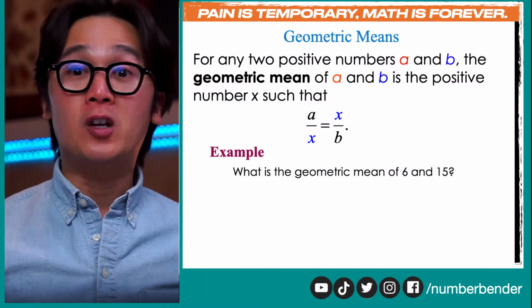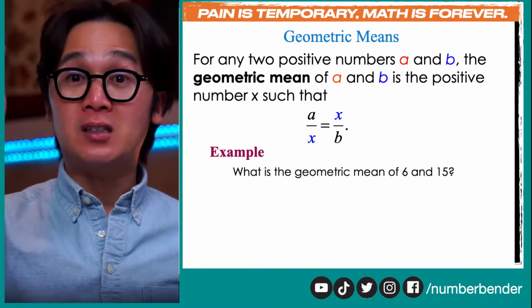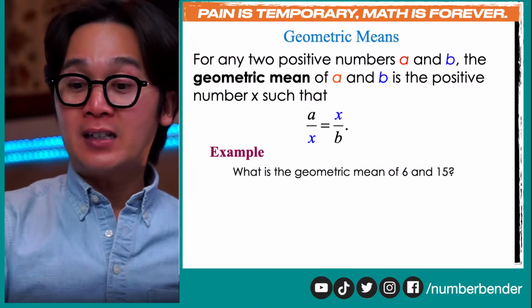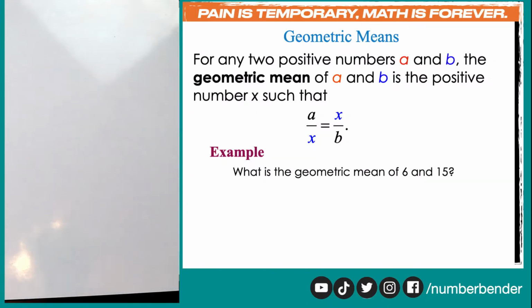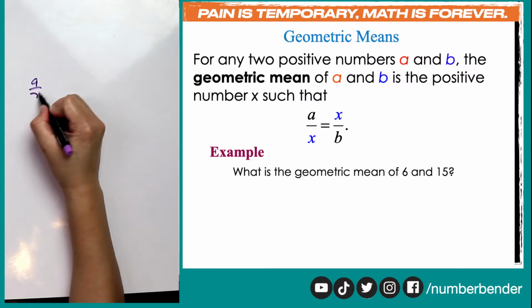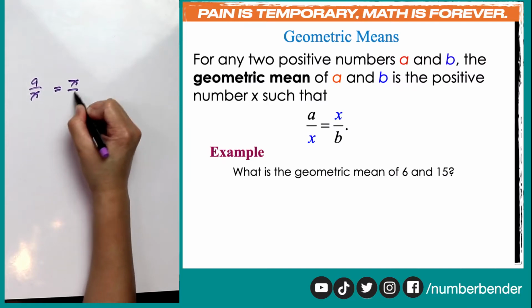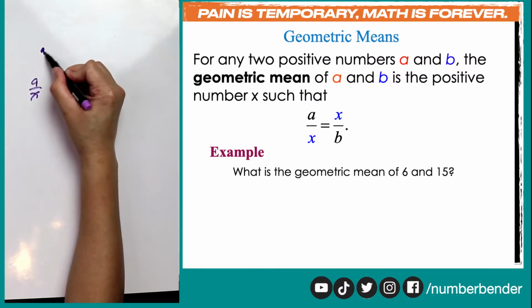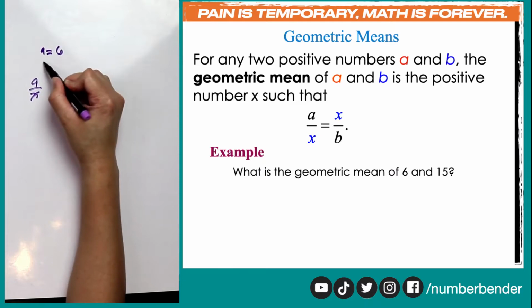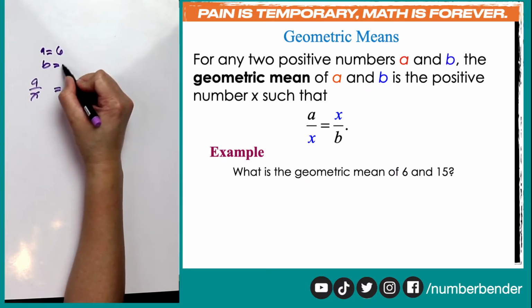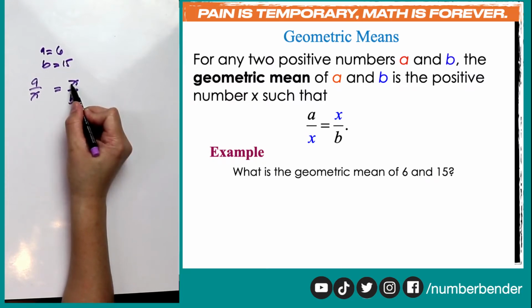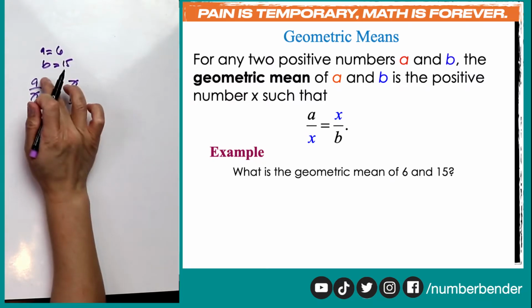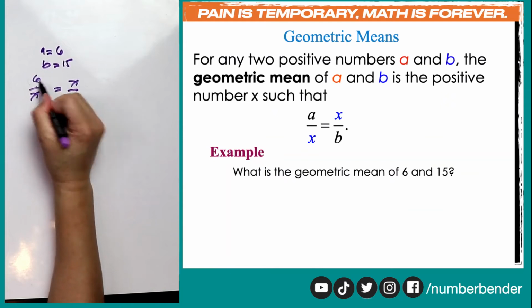Applying this formula, a over x equals x over b, knowing that a is equal to 6 and b is equal to 15, we are looking for the means and we are given the extremes, which are a and b.